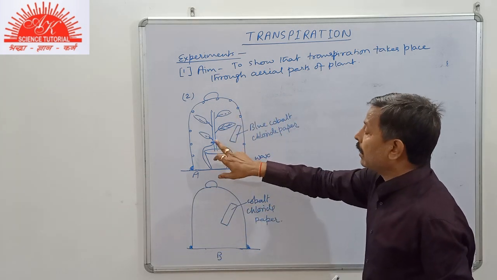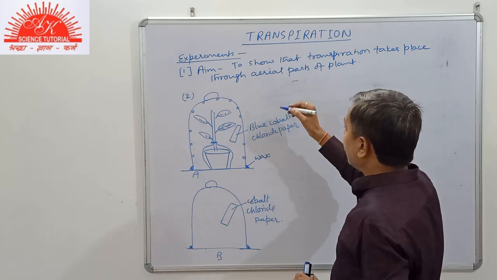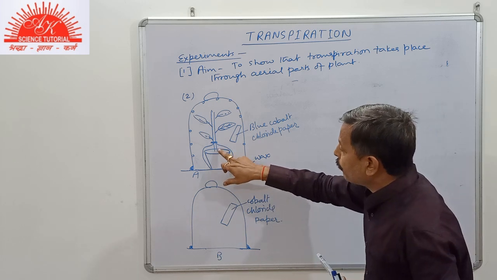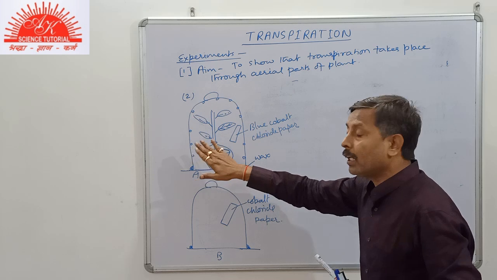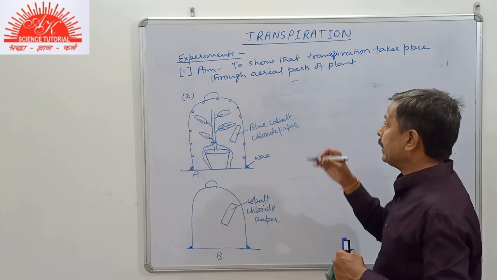Now, we can explain it. Again, why is the pot enclosed within the polythene bag? Like in the first experiment, we have to prevent water evaporated from the soil from entering into the bell jar, such that it cannot interfere with the result.